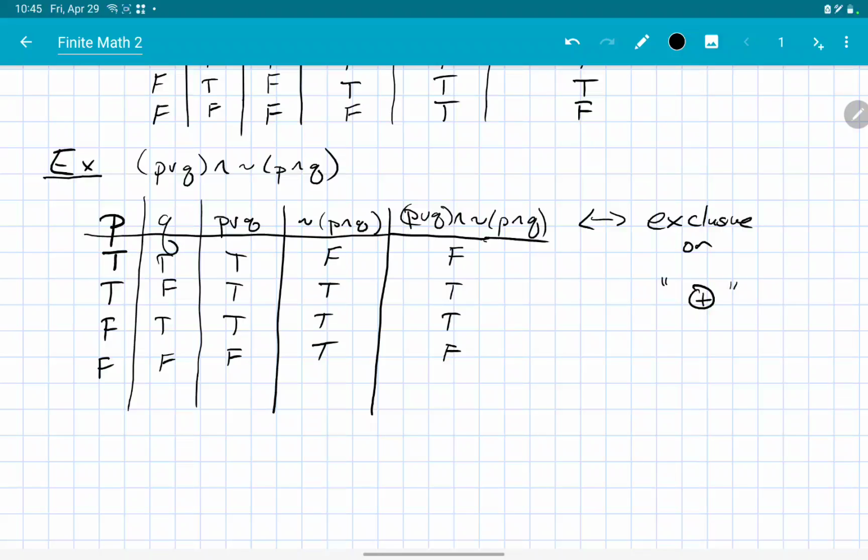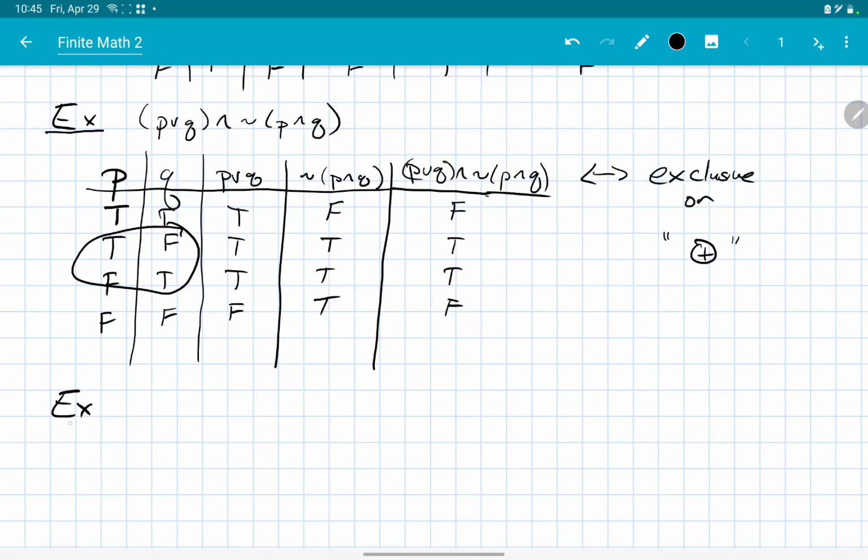That means an exclusive OR. Exactly one of the two things is to be true. Not neither and not both. And see, this part right there is exactly where one of them is true. And that's why those two rows are true. Okay?